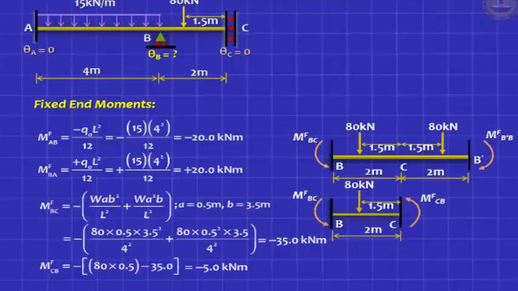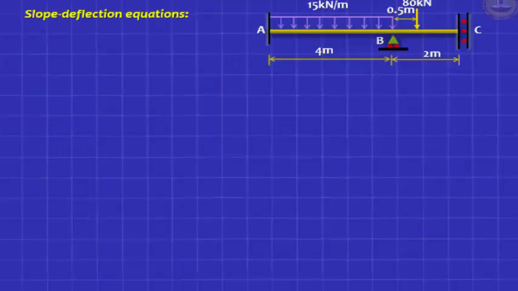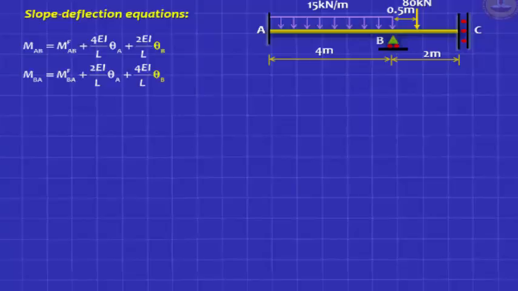How? Next step. So write down your fixed end moments and then write down your slope deflection equation. Remember, for AB the equations are the same as what we did earlier, but for BC remember the equations because you've got a guided fixed support here.